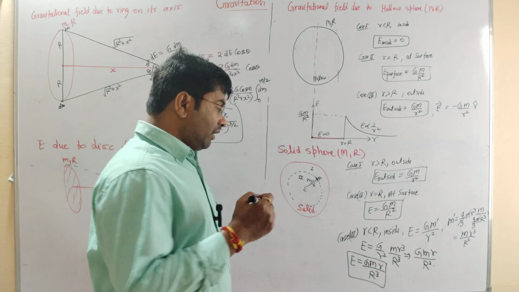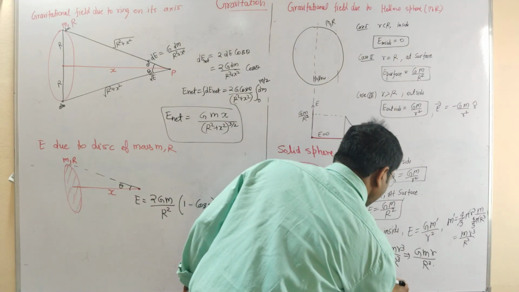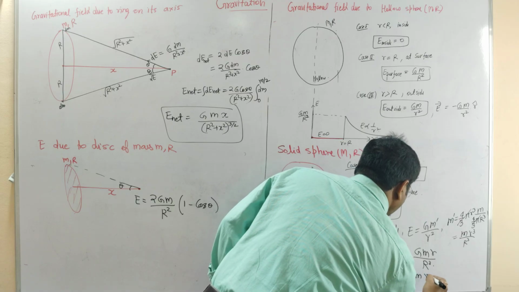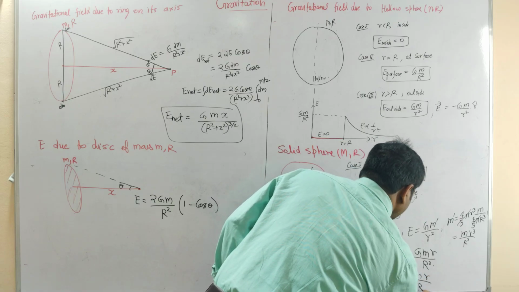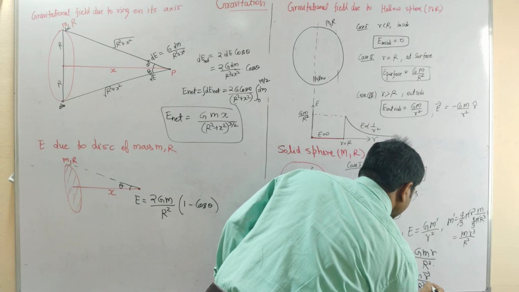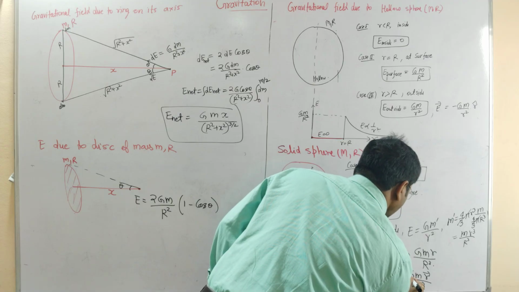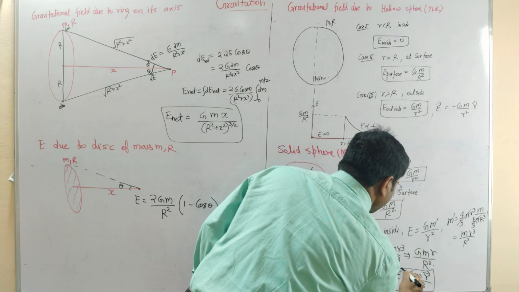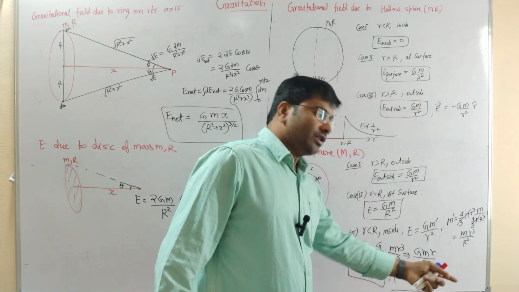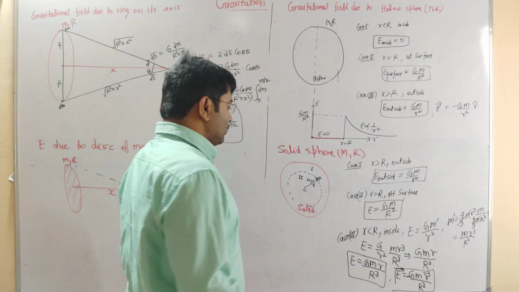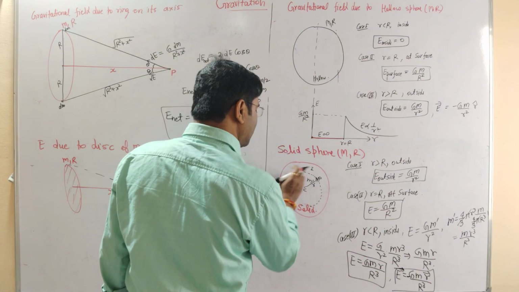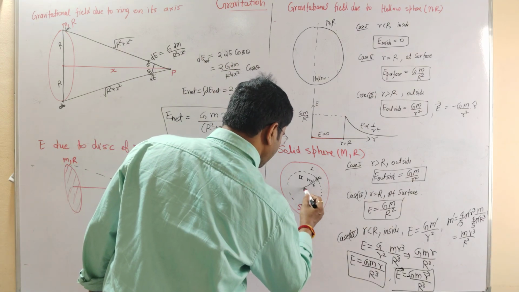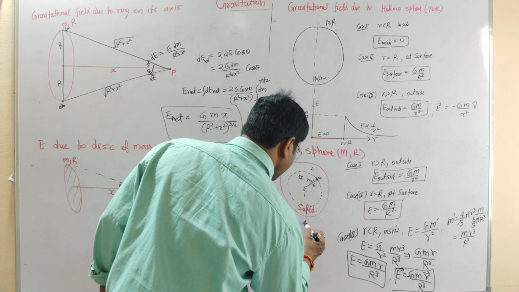In vector form it will be Gm r vector upon R cube, and this will be negative, because it is always towards the mass. In vector form, minus Gm r vector upon R cube. At any point the field will be towards the center.